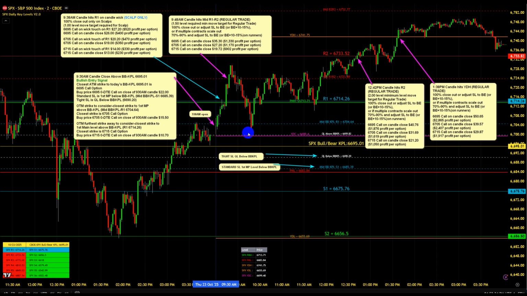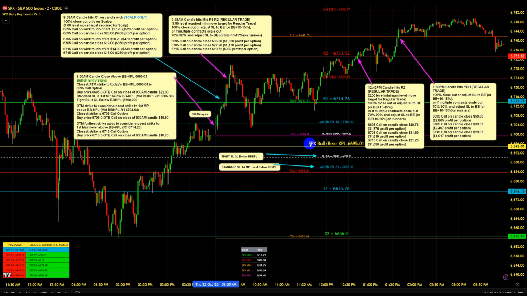Now, what are the strikes that we use on this particular bullish trade? The process of figuring out which strike you can use: there are 3 different strikes on any level that you have for a bullish or bearish trade. In this case, our trade is taken off the bull bear key price level.